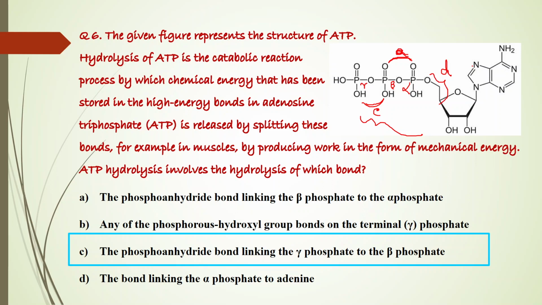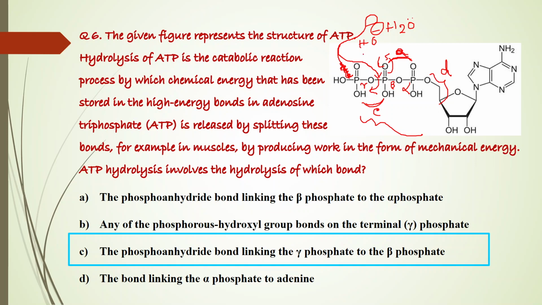The correct option should have been option C. Why so? Because if you remember, we read that already. In case of hydrolysis, if an H2O molecule or an OH minus is going to attack, where will the attack happen? This beta position, this will come back and this will leave. This portion just discard it.